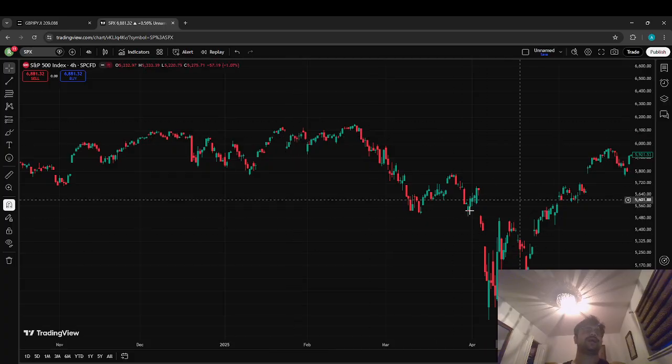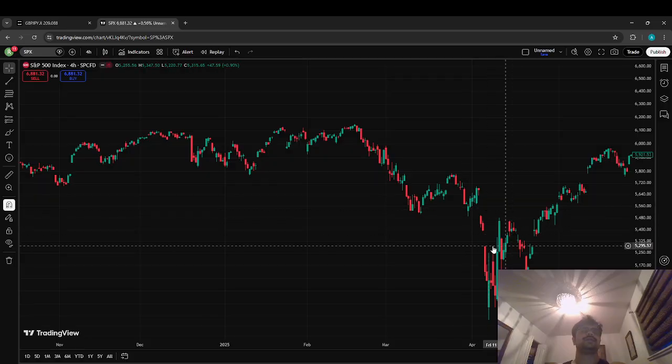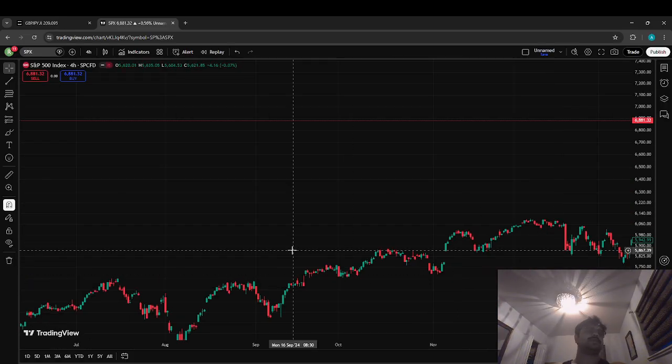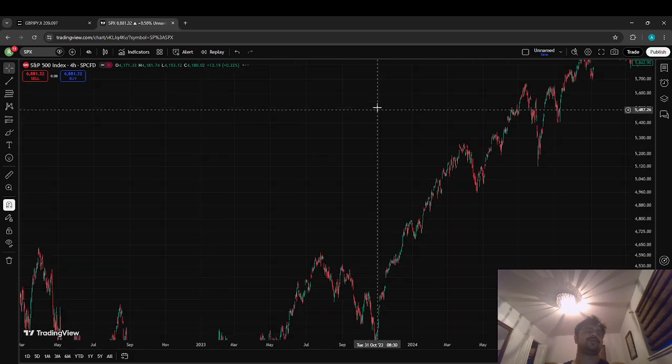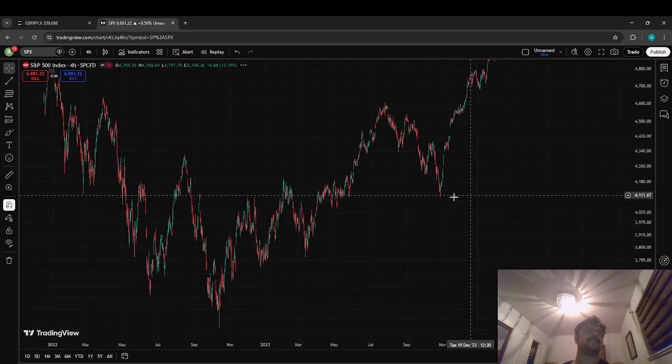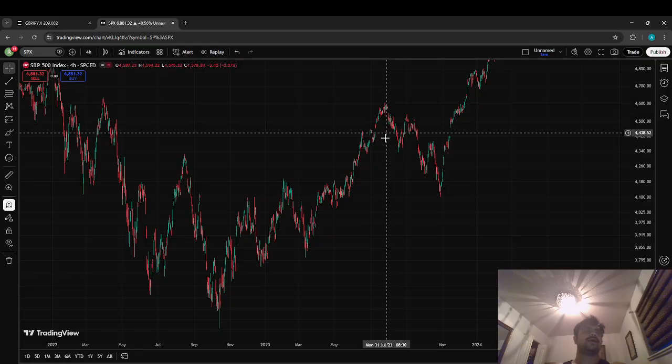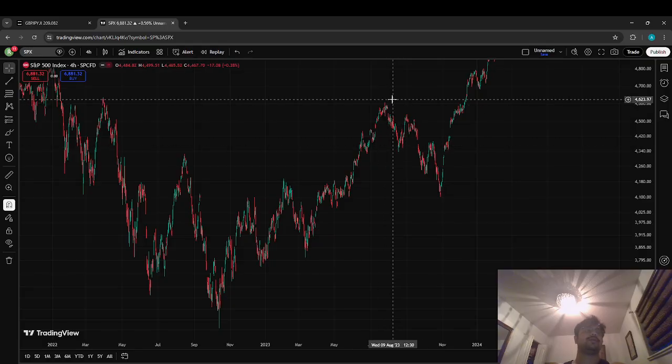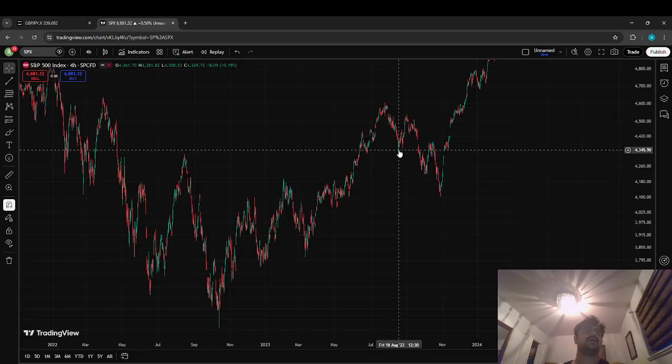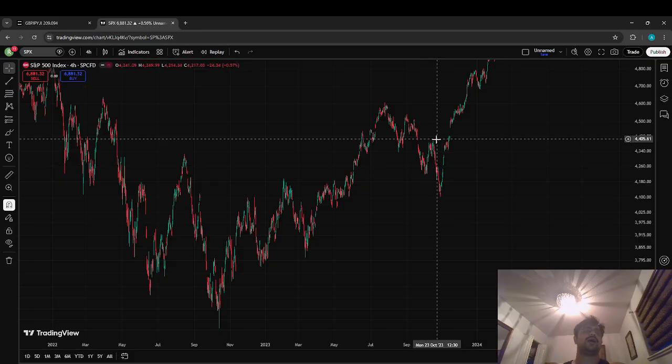I'm going to go over these gaps, but let's not get ahead of ourselves. Let's just talk about this right now. Okay, cool. Higher high, lower low. Lower high, lower low, lower high, lower low, lower high, lower low, and then structure got broken.